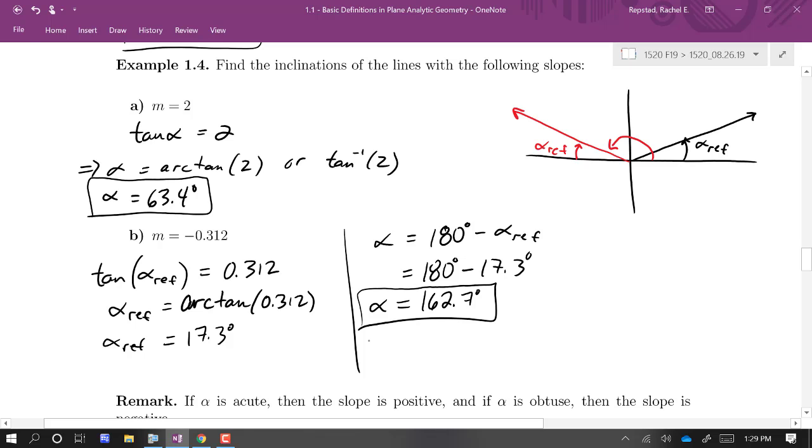But you'll get the same thing if you just found arctan of negative 0.312. That'll give you negative 17.3 degrees, as it turns out. And then you add 180. You'll get exactly the same result.